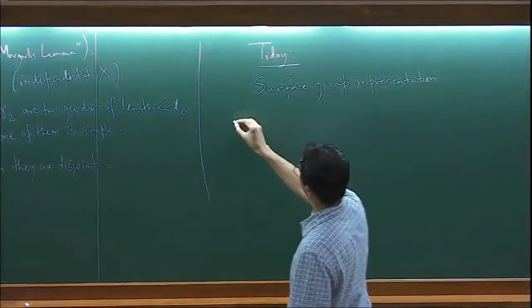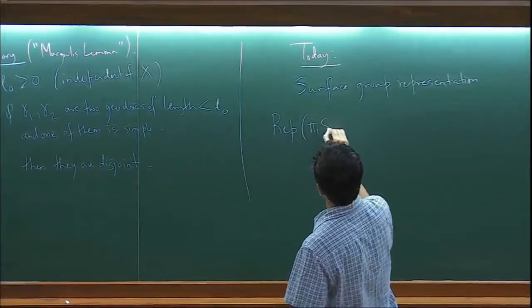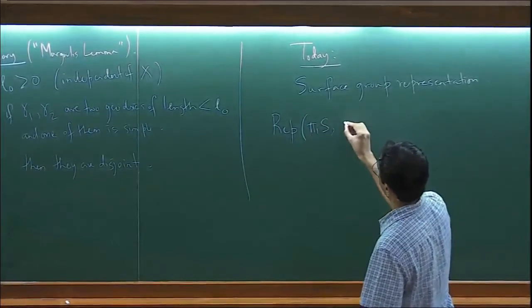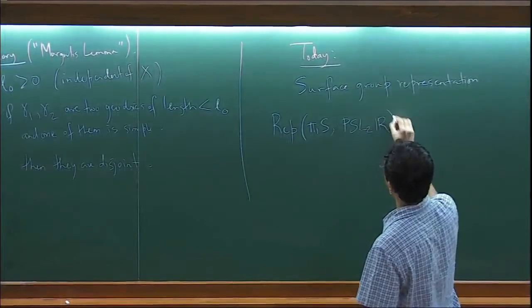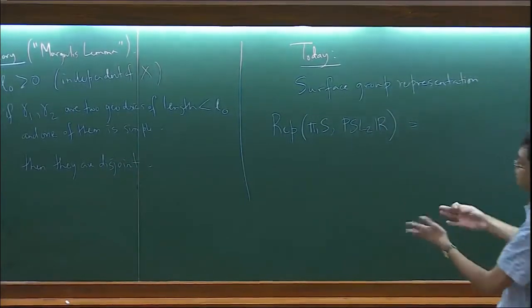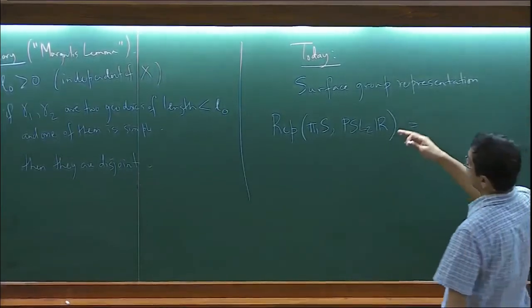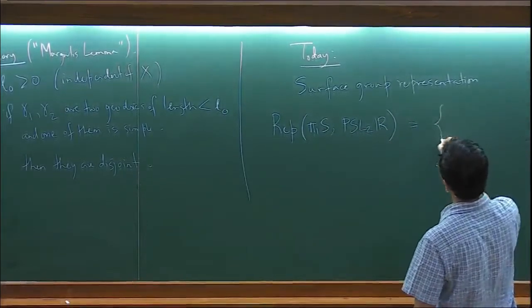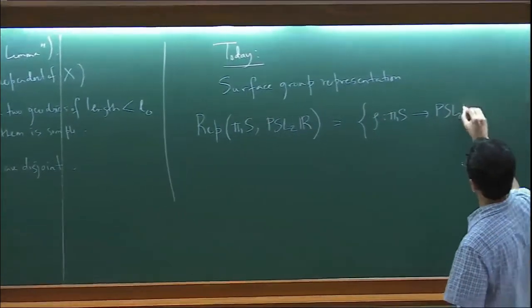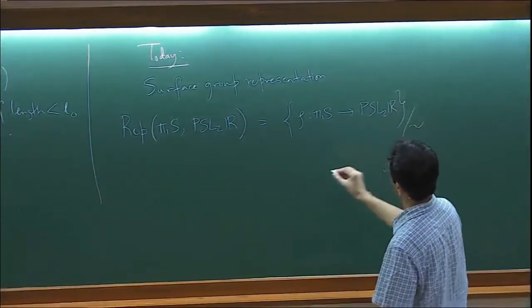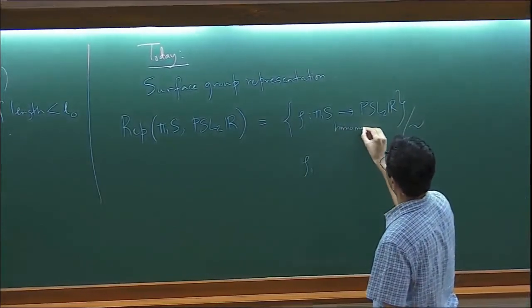So we're going to look at the space of representations of the fundamental group of the surface into PSL2R. It's not a surprise that PSL2R appears. That's the isometry group of H2. And what is this? It's a space of all the homomorphisms from pi1 S to PSL2R up to conjugation. Okay, so these are representations or homomorphisms.